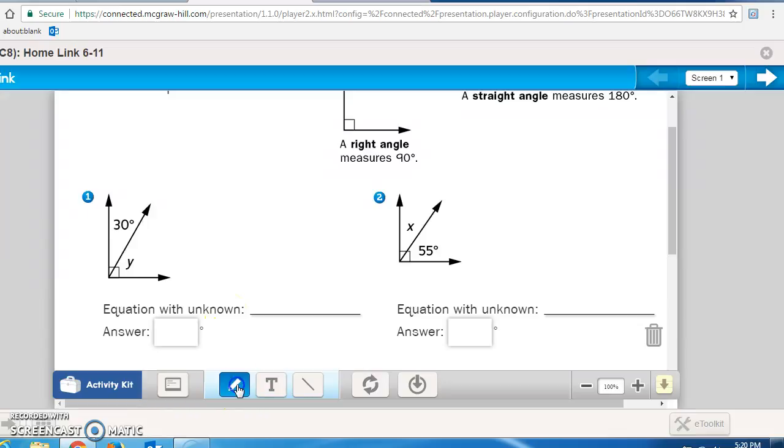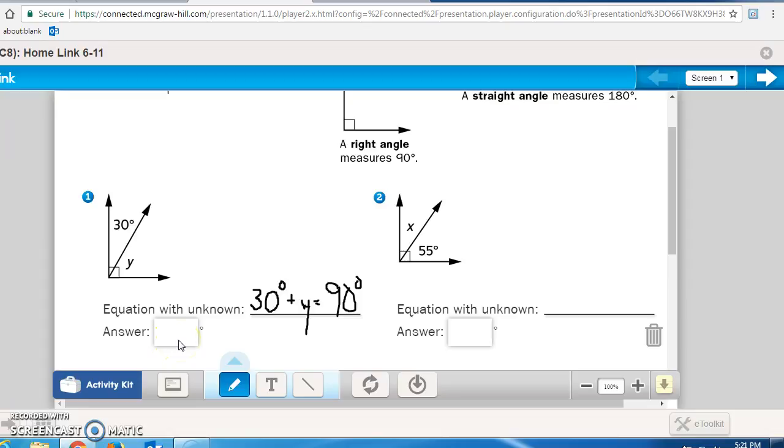So remember, I'll do this first one with you. They're telling you to say that 30 degrees plus, and I'm going to use y because that's what they put there, y equals, and I know it's 90 because it's a right angle, 90 degrees. And then you simply put your answer right here in the answer key.